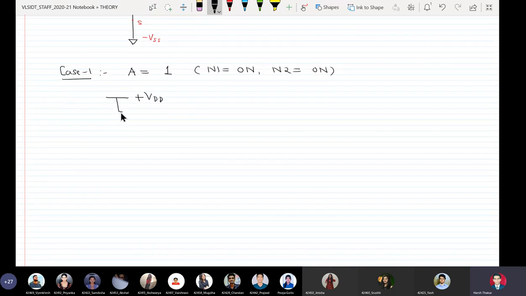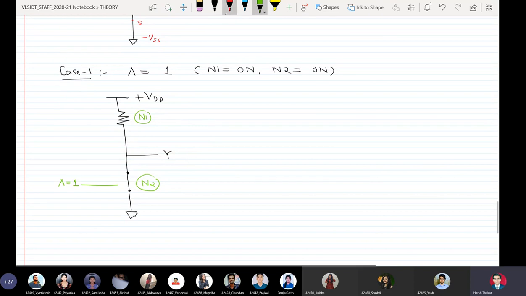I can replace N1 with a resistor, an active resistor, and here I have the output Y, and now my N2, which is on, is replaced by a short circuit. Because it's a MOSFET device, I'll not show any electrical connection here. So this is my N1, this is my N2, and I will just show the gate like this. I will say A equal to 1.